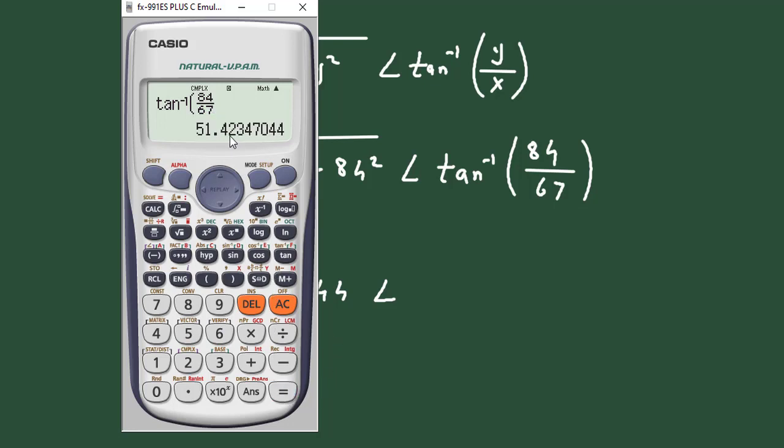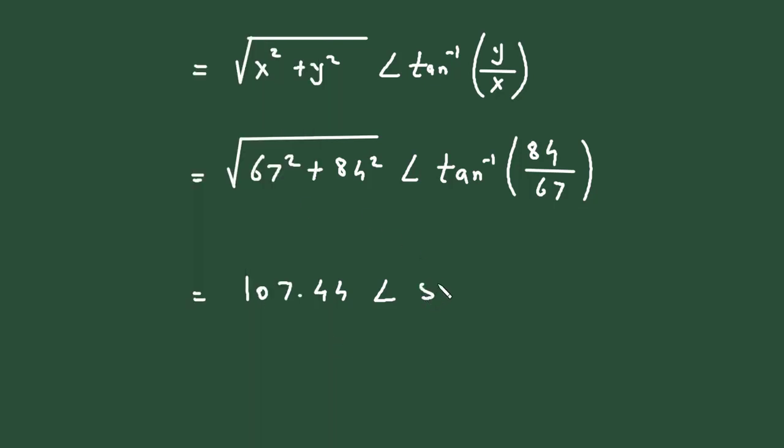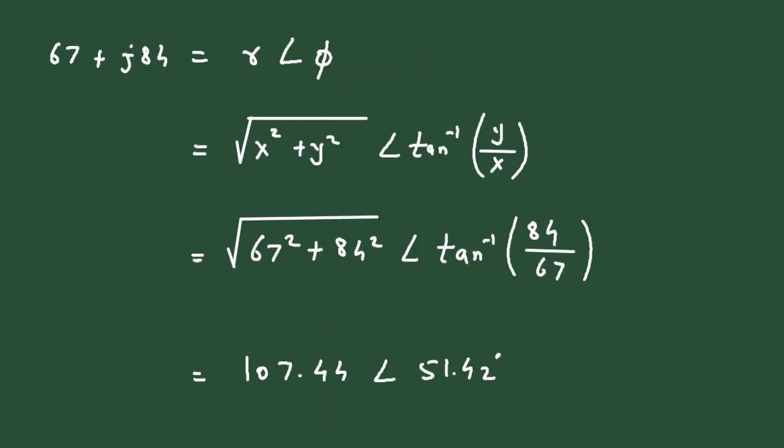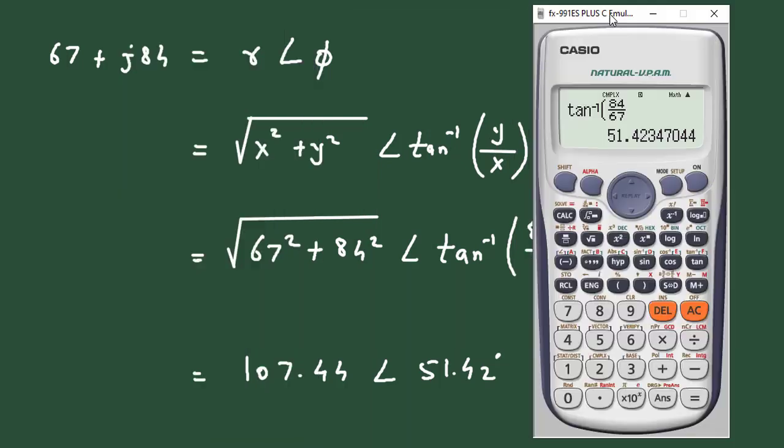So it is 51.42 degree. So let's verify our answer in calculator. 67 plus I into 84. Shift 2, 3. 107.44 at an angle 51.42.